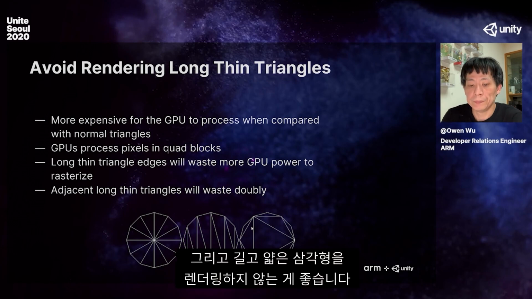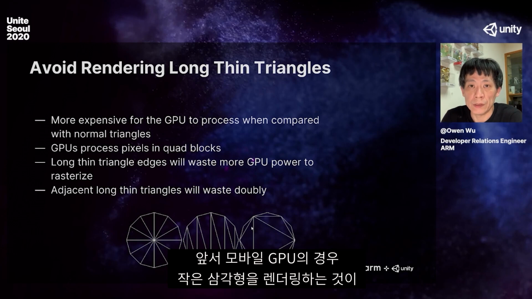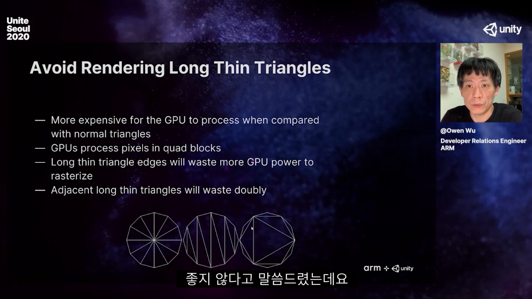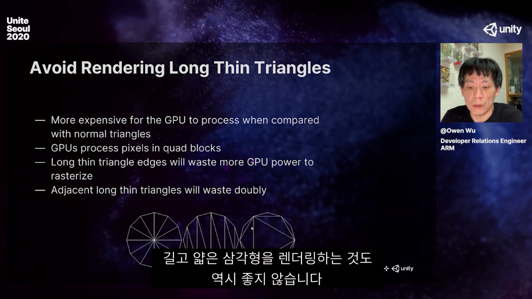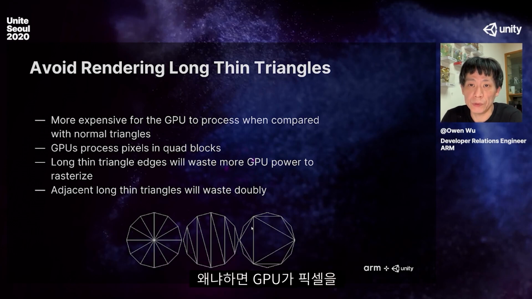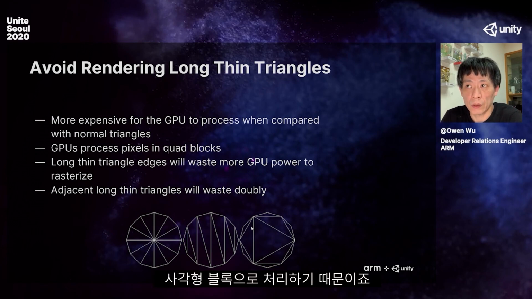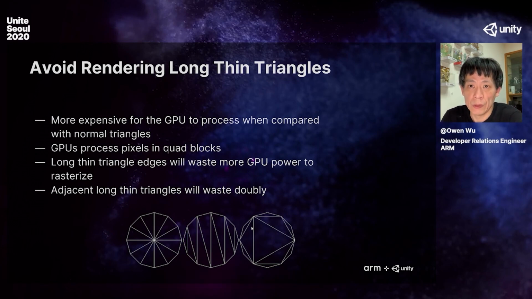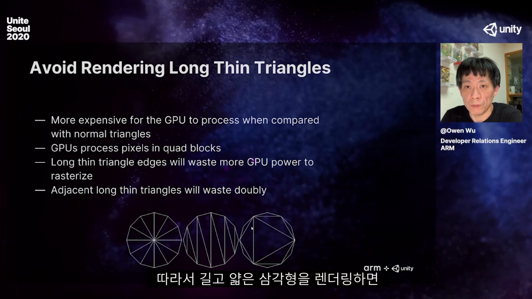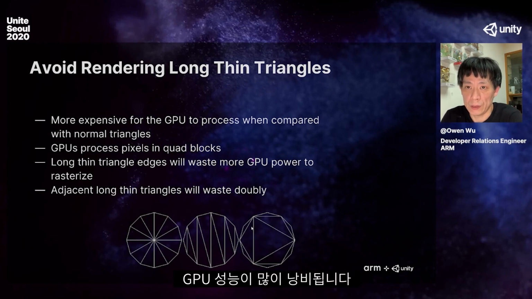And the next one, avoid rendering long thin triangles. We just said it is bad for mobile GPU to render small triangles, but rendering long thin triangles is also bad for mobile GPU because the GPU processes pixels in quad blocks. So if you are rendering long thin triangles, there will be a lot of GPU power wasted.